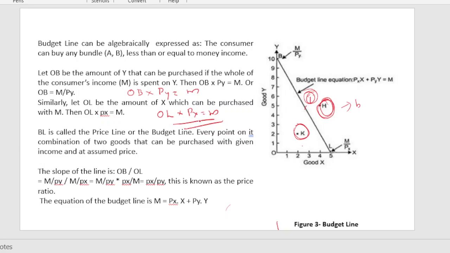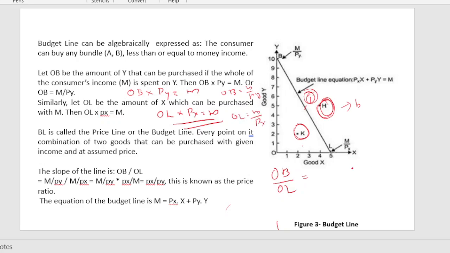In the first case I used the entire income to buy Y, and in the second case I used the entire income to buy X. Here we can also arrive at the slope of the line from these two equations. We know that in an indifference curve, the marginal rate of substitution is the slope of the curve. Similarly, the slope of the budget line is OB by OL. Here OB is equal to M by PY, and OL is equal to M by PX.